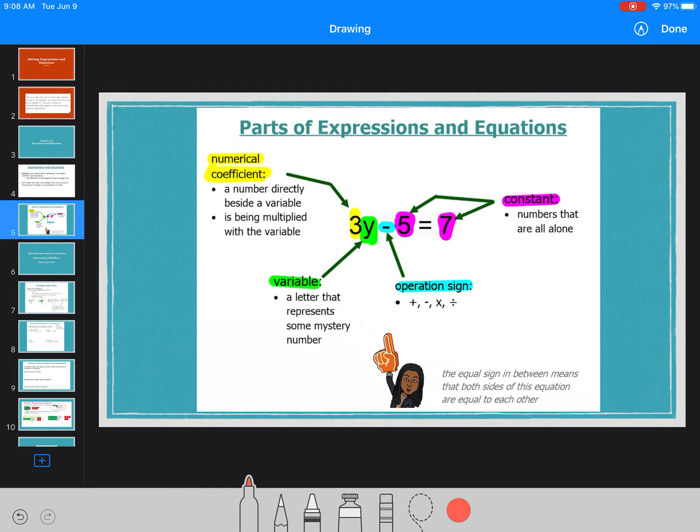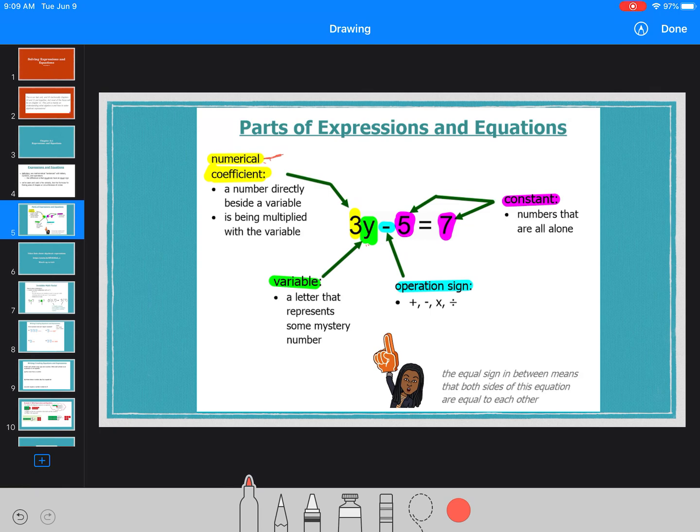Okay, let's look at the parts. So when you have an actual number in front of a letter, the number is a numerical coefficient. Okay, so this 3 is a numerical coefficient. The y would be a variable.